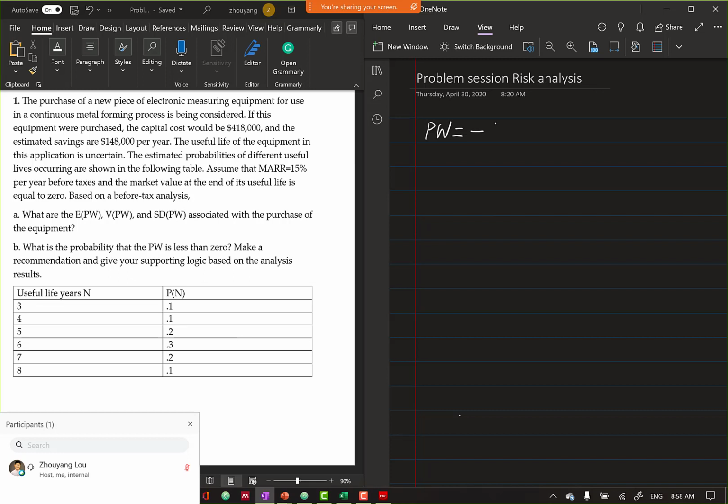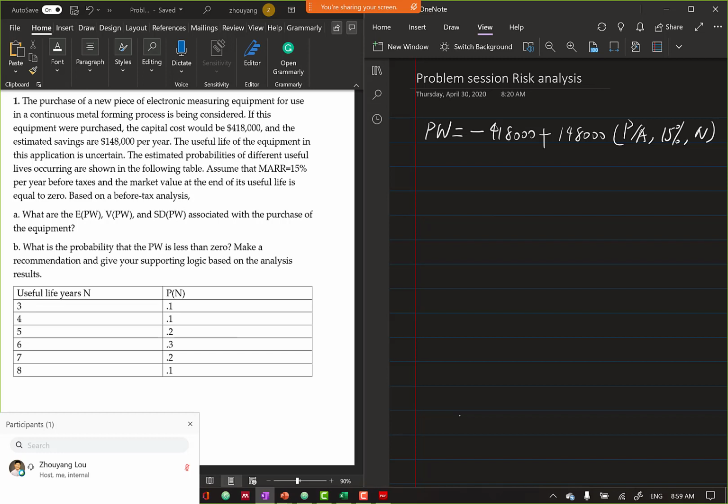So it's 418,000 plus the annual savings, and we use positive number. So when we want to get the present worth, we use the P given A factor. So that's 148,000 times P given A for the rate 15%, and let's just put n years here.